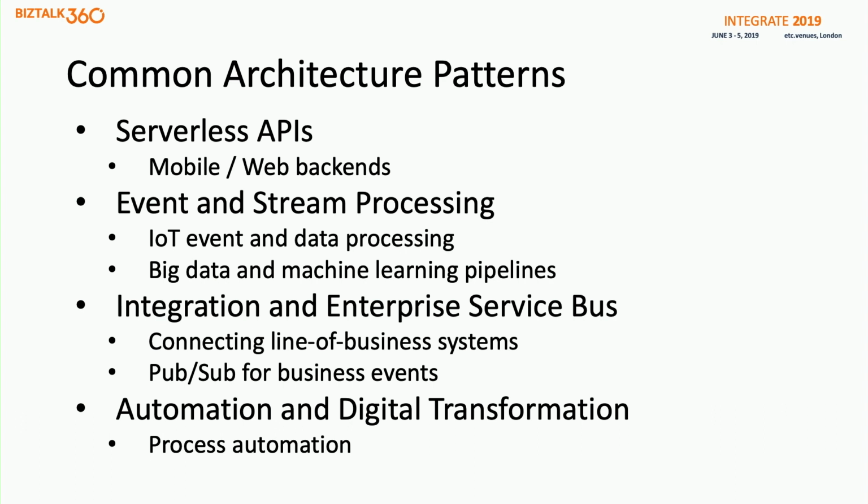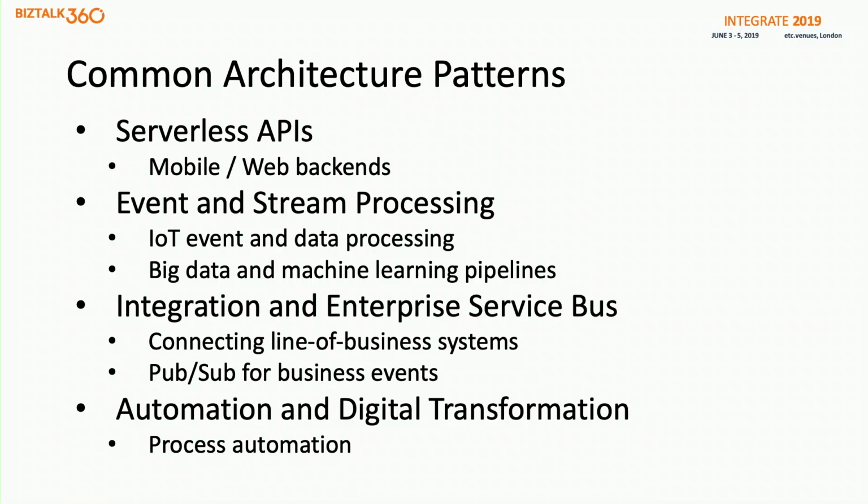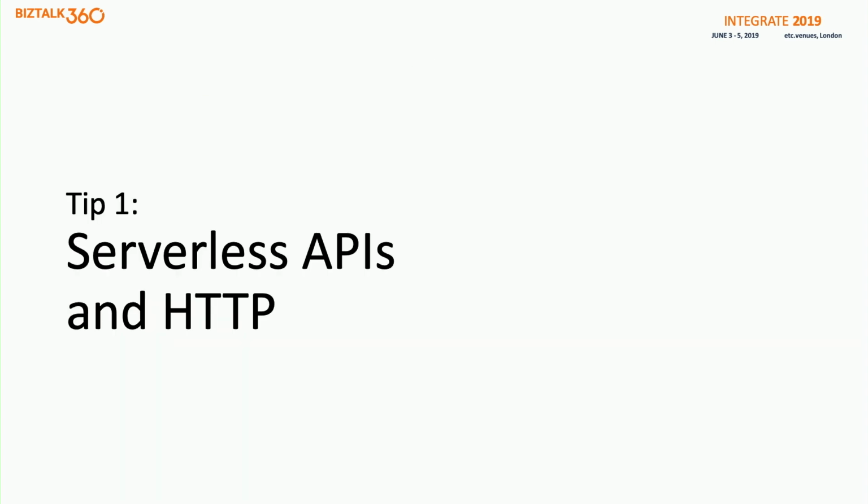I'm going to get into a lot of detail on the first 2, but there's also an integration service bus pattern where you put all of your apps behind some sort of message queue and use that to integrate line of business systems. And then the entire digital transformation, lift and shift and make better pattern, that you can read customer testimonials about after this. So the first tip is how to most successfully build serverless APIs with HTTP in Functions.